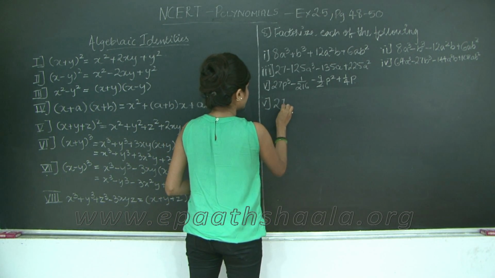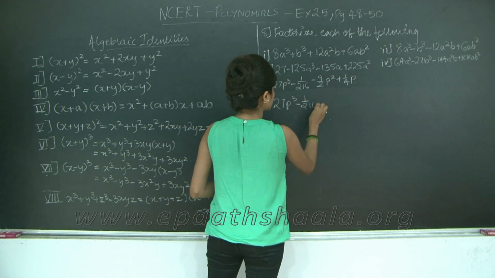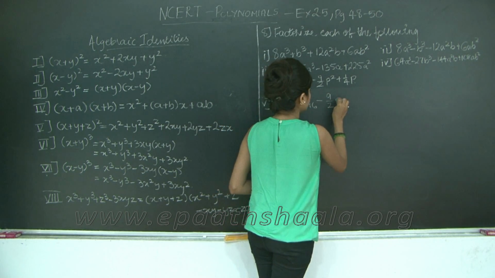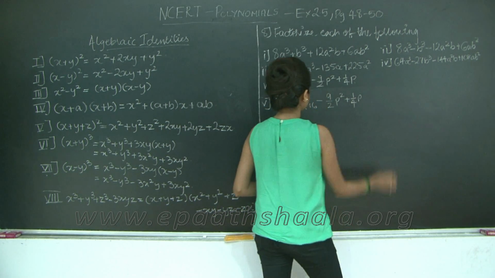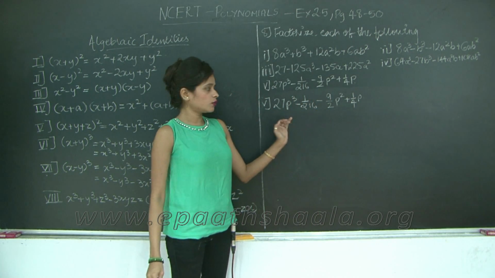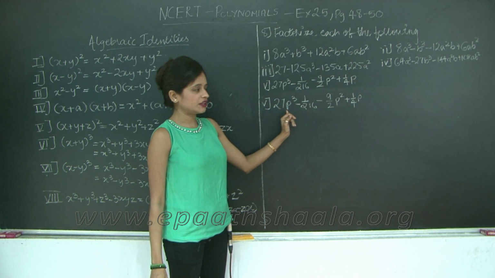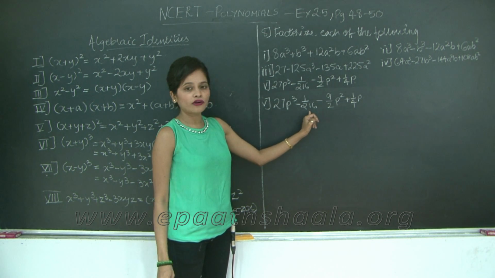You have 27p cube minus 1 upon 216, minus 9 upon 2 p square plus 1 upon 4 p. Again we know that 27 is the cube of 3. So this is nothing but 3p the whole cube, and 216 is the cube of 6.